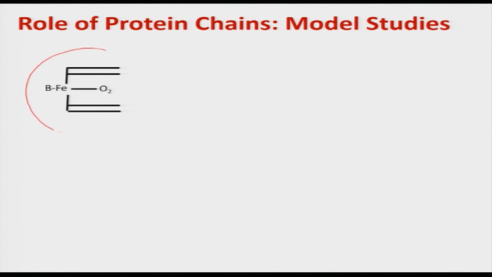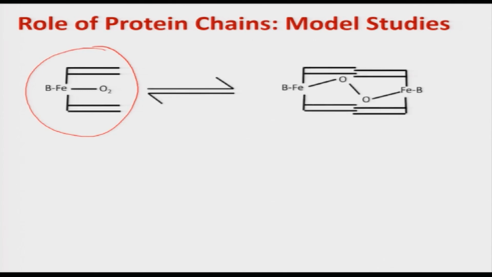So, if one can design such a molecule, then if it reacts with another heme center, it is supposed to form mu-peroxo species. However, as one can see, because of the steric interaction between these substituents, it will not form mu-peroxo species.